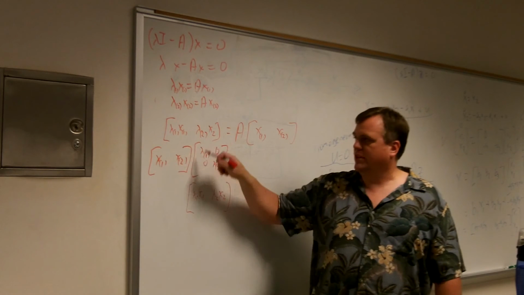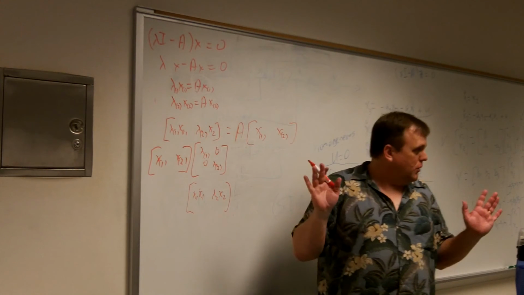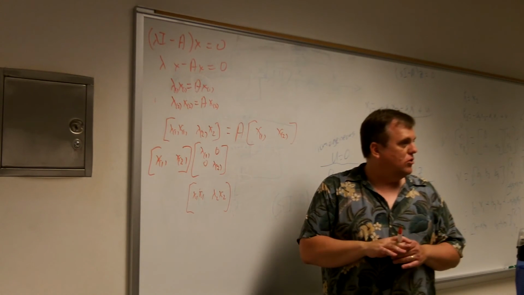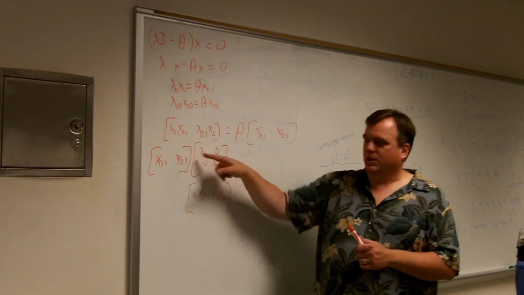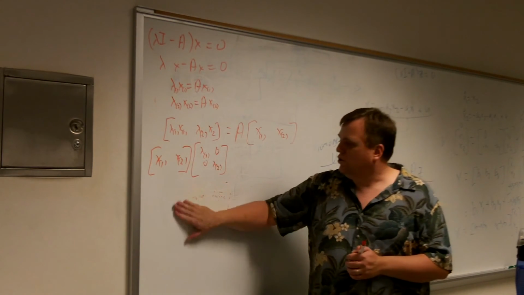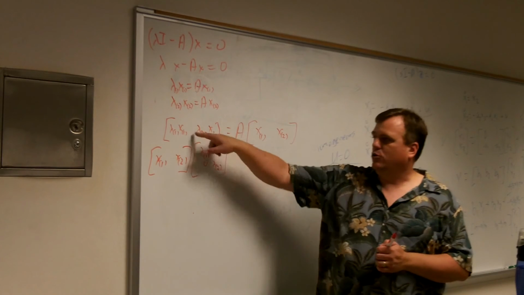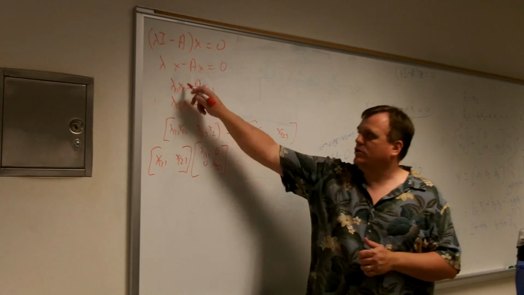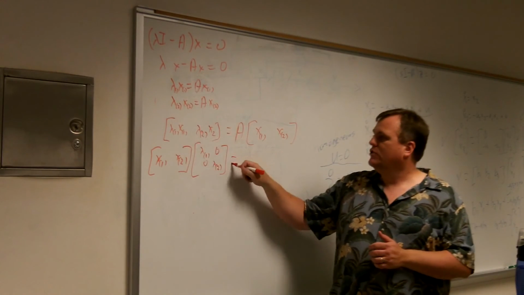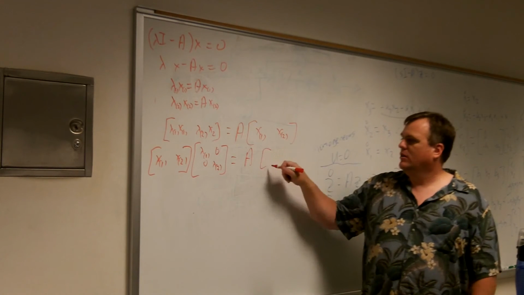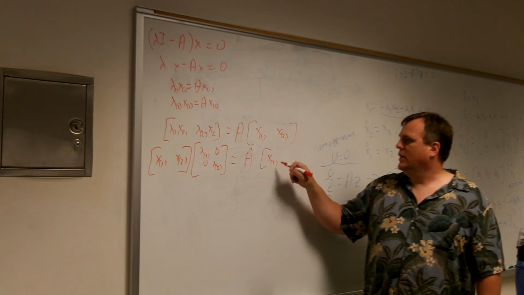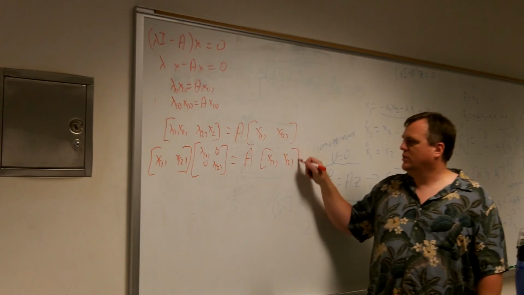So I submit to you this is that. That's just multiplied and showed it. So all I did is just multiply those two. So this is equal to that, and that just came from right here. Just wrote it in. So that has to be equal to A times x1, x2.